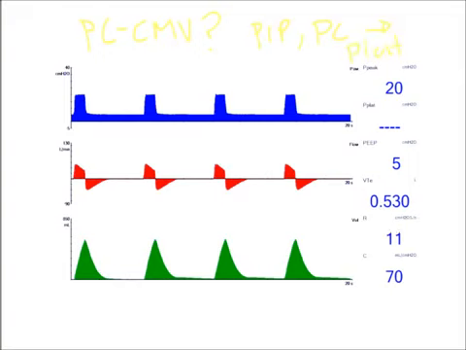However, this is a fallacy. It's all dependent on my inspiratory time setting and if my flow fully decelerates. Because as we know with plateau pressure, I need a no flow state during an inspiratory phase.